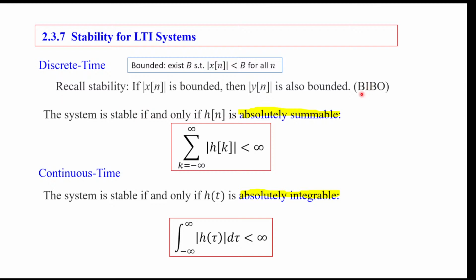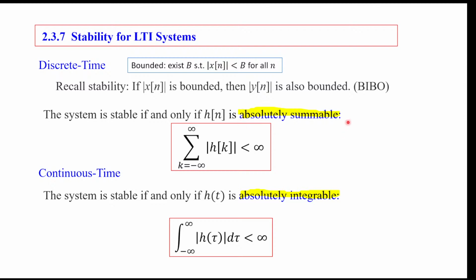This is the bounded input, bounded output definition of stability, BIBO. If we translate the BIBO stability definition into a property of h of n, the property is that h of n is absolutely summable. Similarly, for h of t, it means h of t is absolutely integrable.